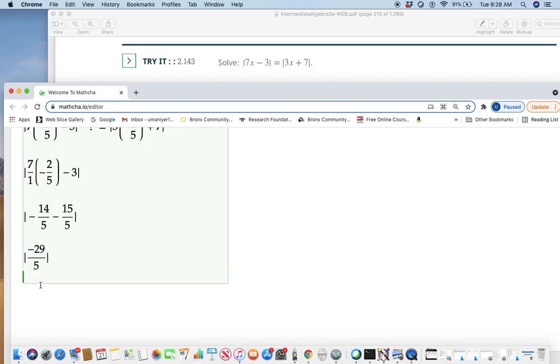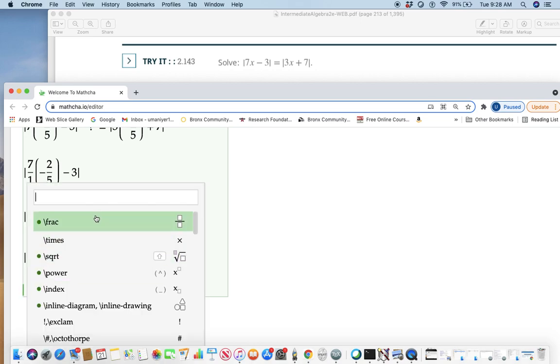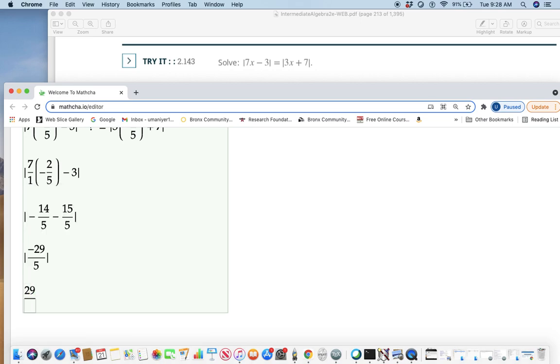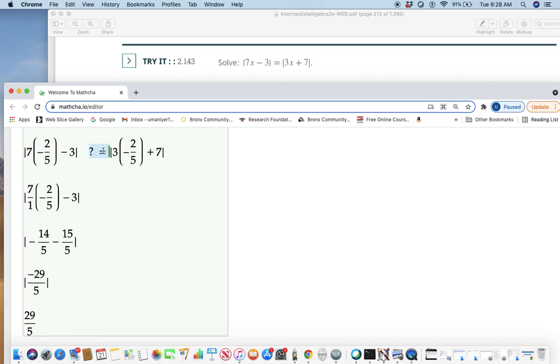Absolute value of negative 29 over 5 is positive 29 over 5. So that's the left-hand side. We want to check whether it is equal to the right-hand side. So let's check.